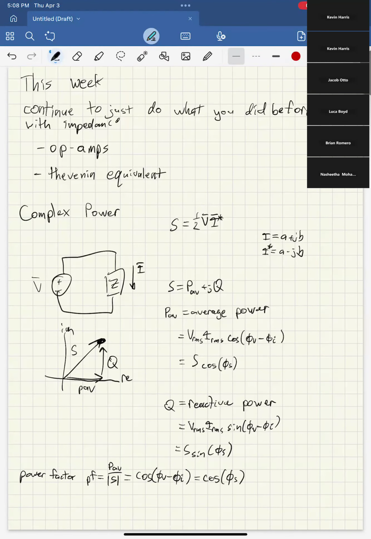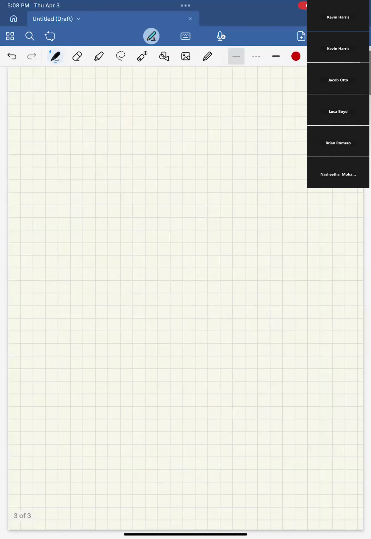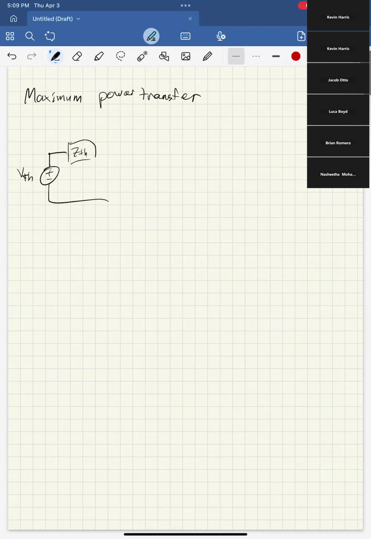And then for maximum power transfer, if I have some Thevenin equivalent circuit that I've simplified and it has some Z Thevenin and V Thevenin, and I will have some Z load.